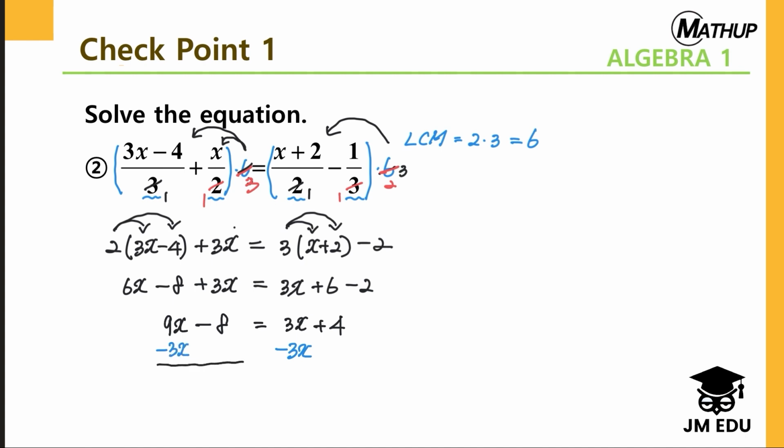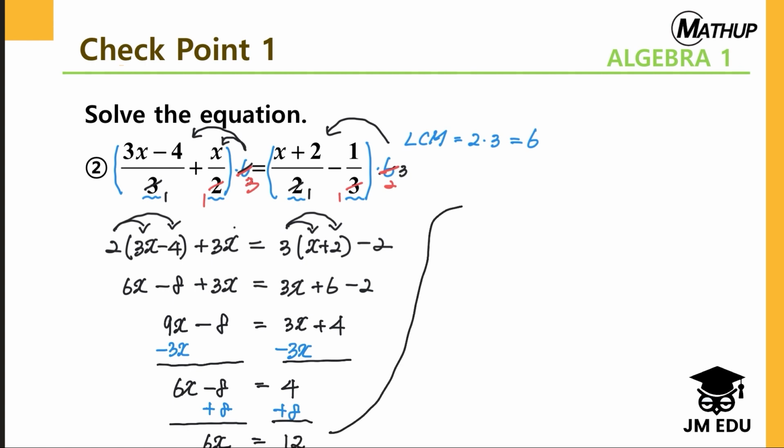So that's going to be 6x minus 8, and the right-hand side will be 4. Now add 8 each side to eliminate negative 8 on the left-hand side. So that is equal to 6x on the left-hand side, and we have 12 on the right-hand side.